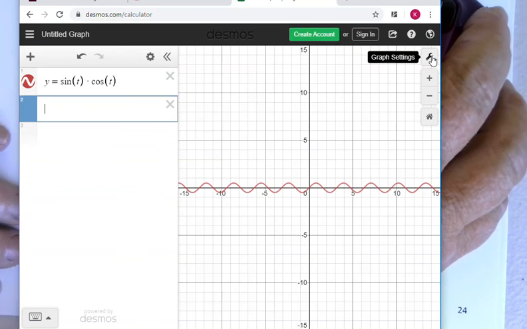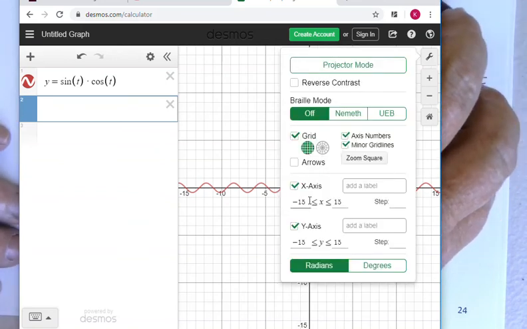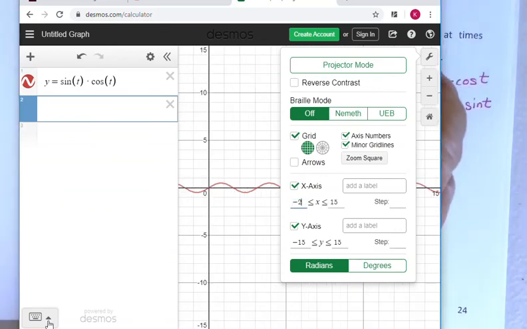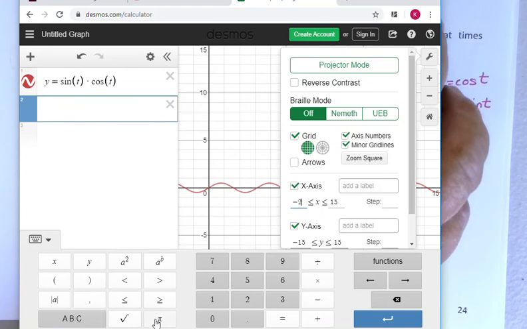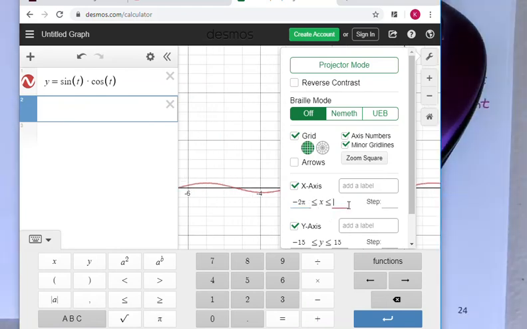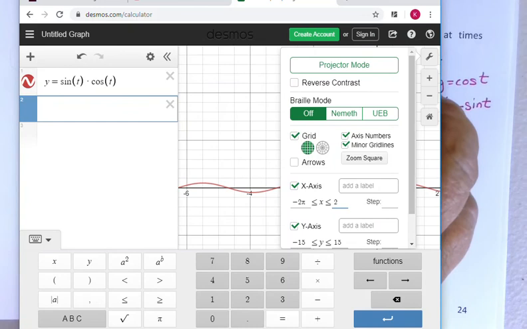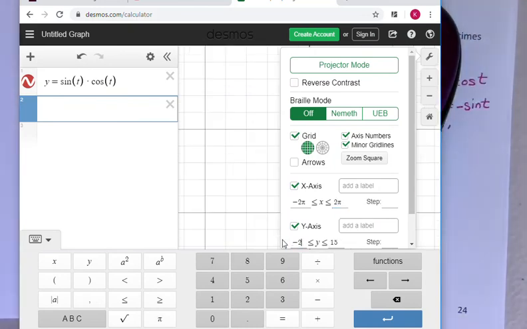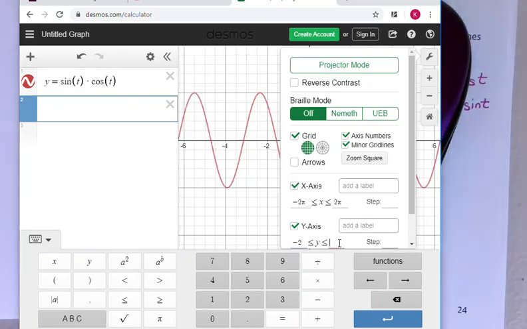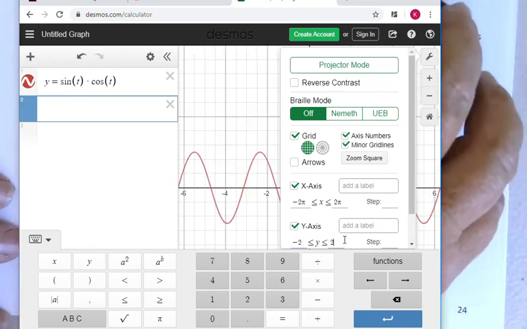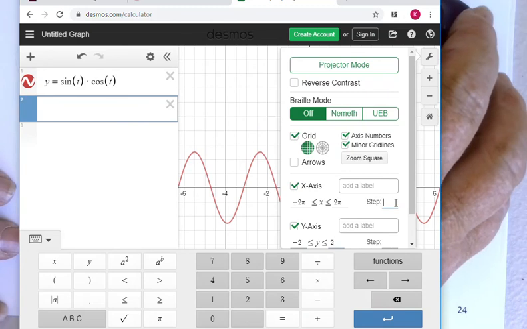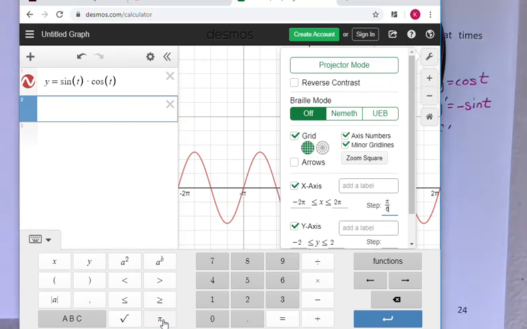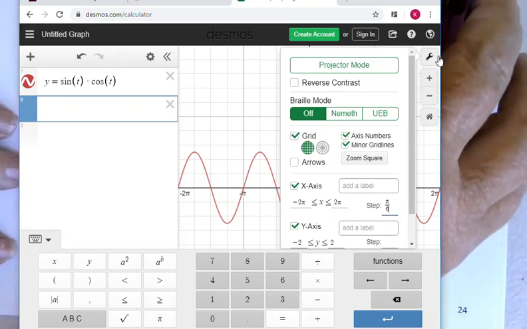Let's just go ahead and on my settings, on the x-axis, I'm going to go from -2 pi to 2 pi. And on the y values, I'll go from -2 to 2. On the x values, let's set a step size. Let's count by pi/6. Make it easy to figure out where I am.